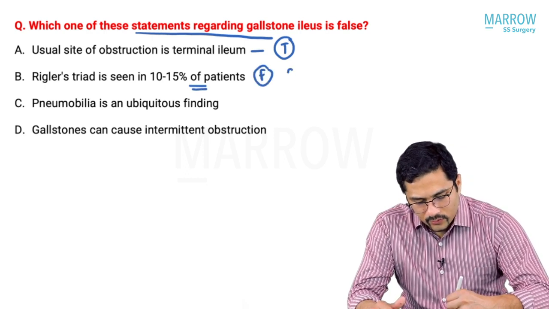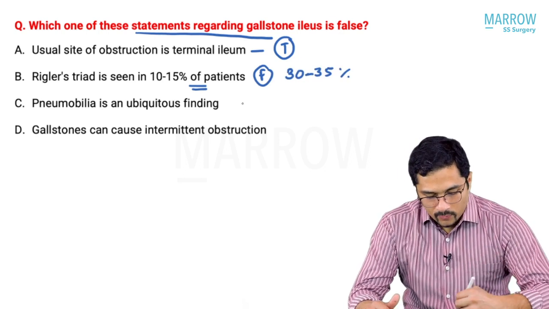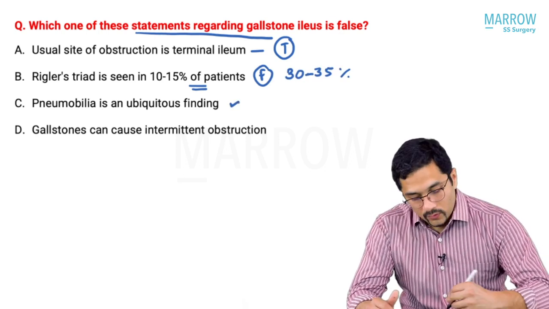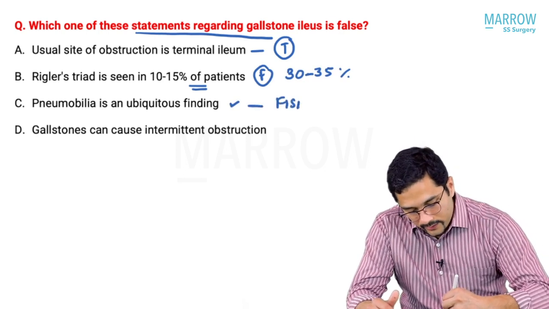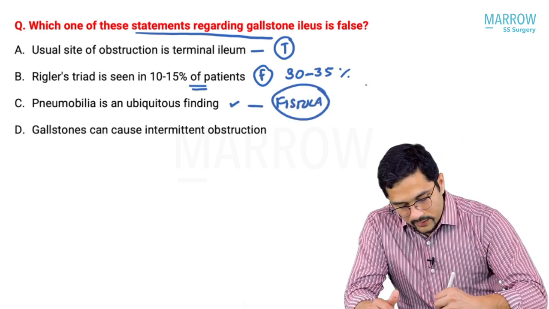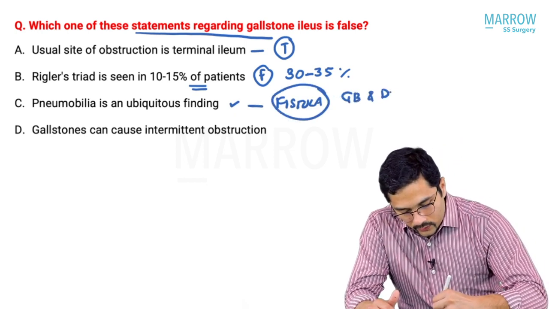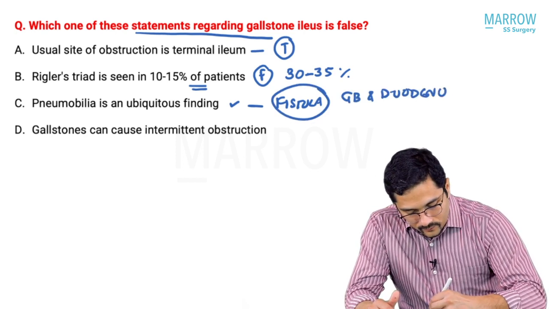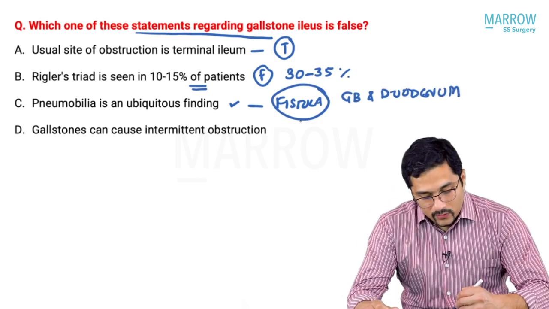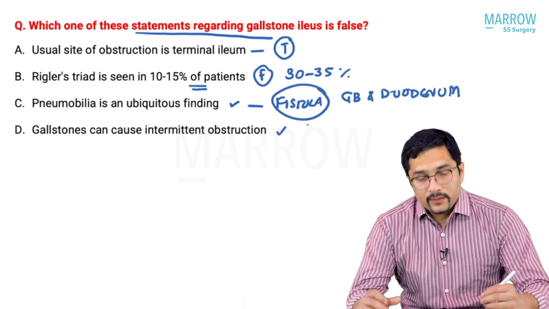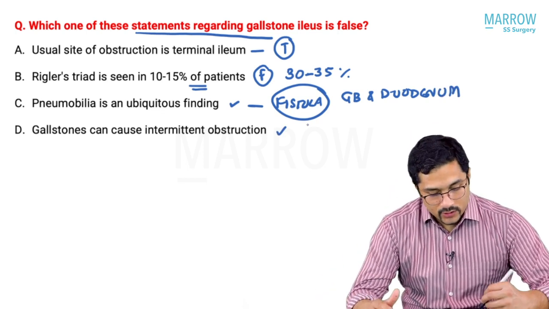This is false. It is seen in almost 30 to 35% of patients. Pneumobilia is a ubiquitous finding because there is a fistula between the gallbladder and duodenum. And gallstones can cause intermittent obstruction, yes, but it is a type of dynamic obstruction.